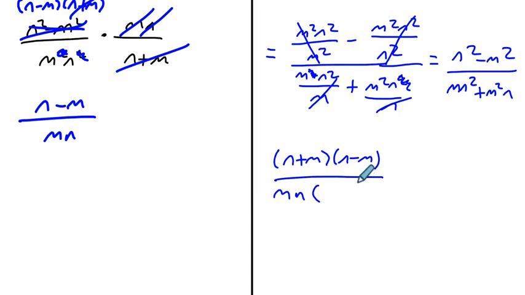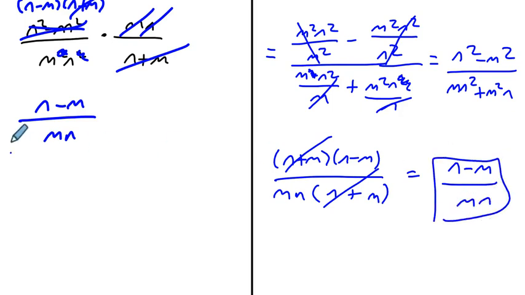If I factor that out, I would have 1 n left: mn times n is mn squared, plus, and then here I would have an m because mn times m gives me back m squared n. And what do you know? Check that out. I'm left with n minus m all over mn. And that's exactly what we wanted to find.